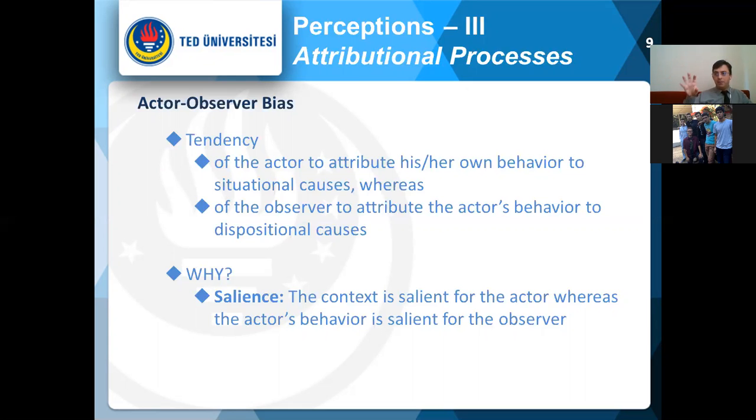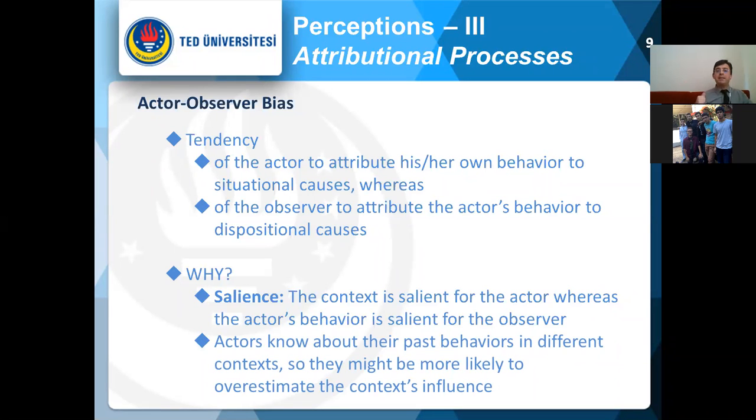And when outside observers observe behaviors, they have no quicker judgment than attributing our behaviors to our internal causes, our personalities, okay? And actors also know about their past behaviors in different contexts. So they might be more likely to overestimate the influence of the context on their behaviors.